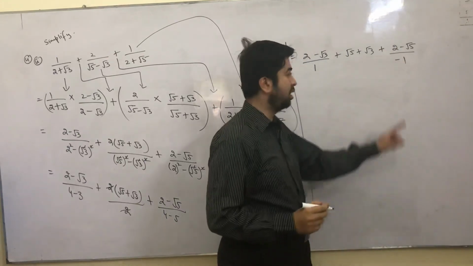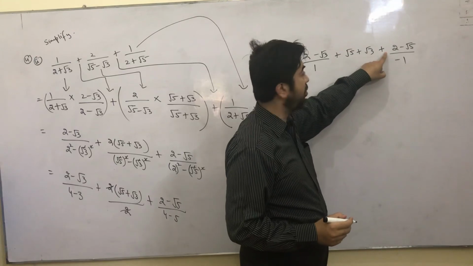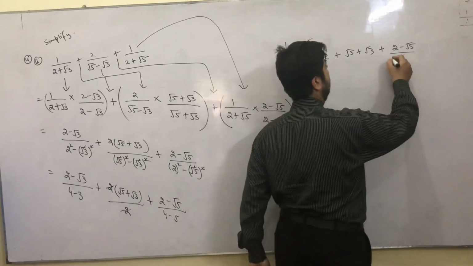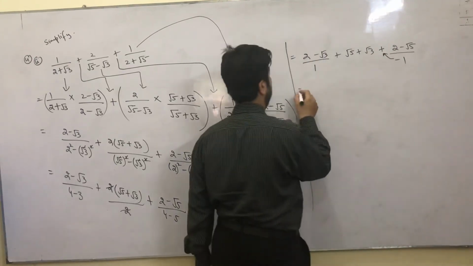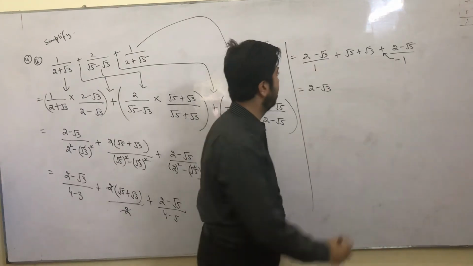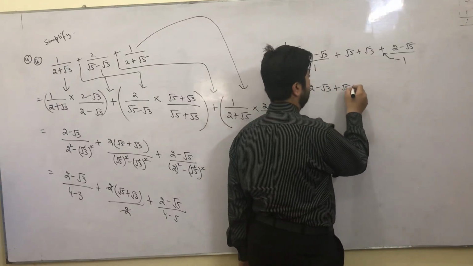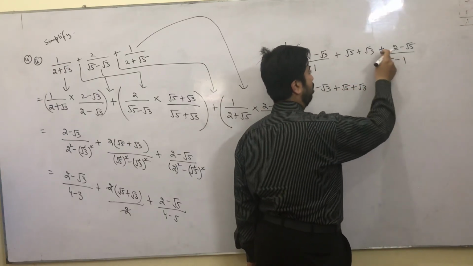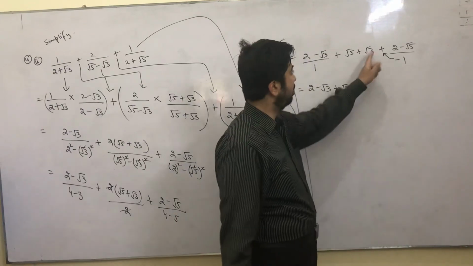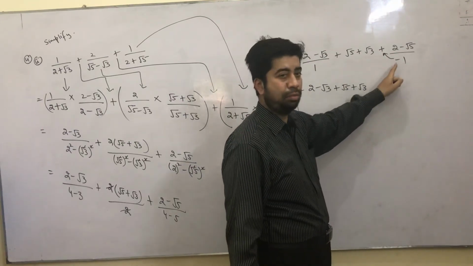So what about this minus 1? This minus is not going to be written here. This minus will be written in the numerator. So 2 minus √3, I am not going to write this one because it is here and not here. Same thing, √5 plus √3, and the minus is going to combine with this positive sign, so plus into minus is minus.